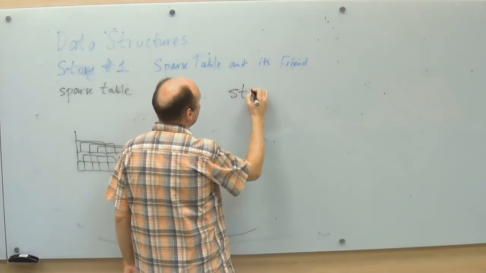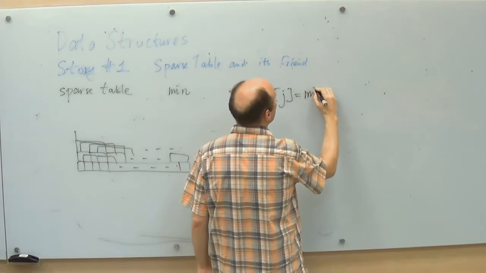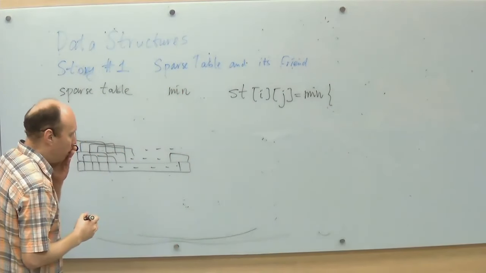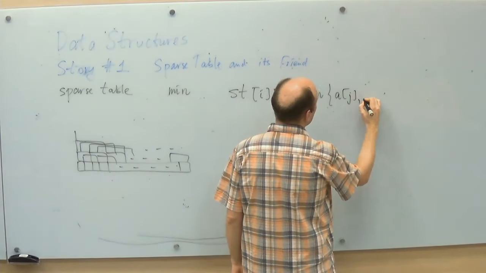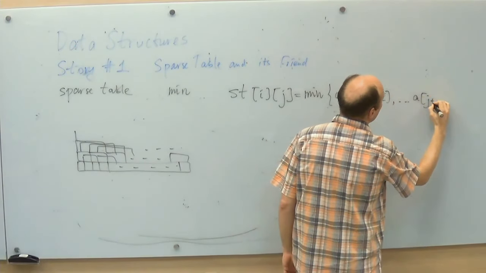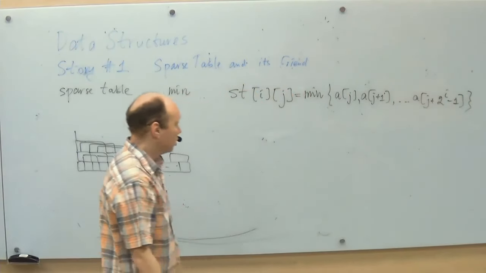So sparse table[i][j] is the minimum among our values. Let's say we have an array called A, for example. Minimum among a[j], a[j+1], and so on, up to a[j + 2^i - 1].